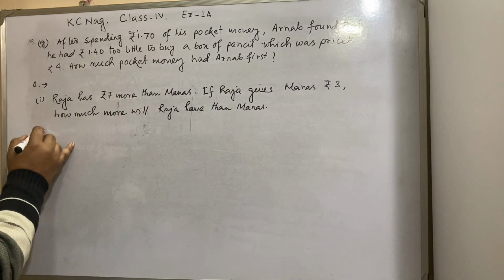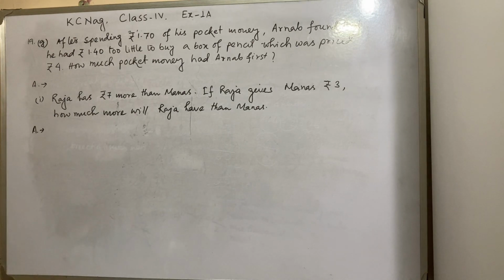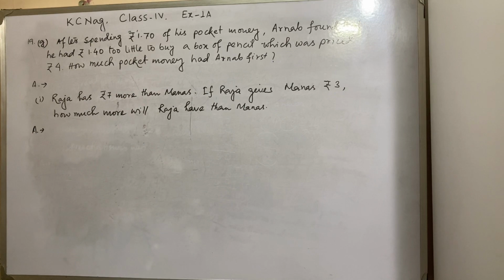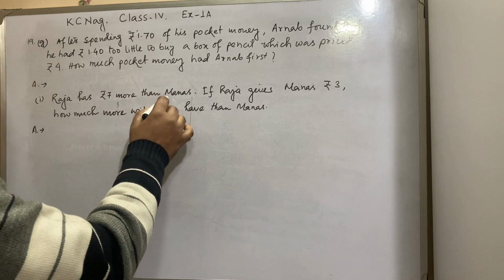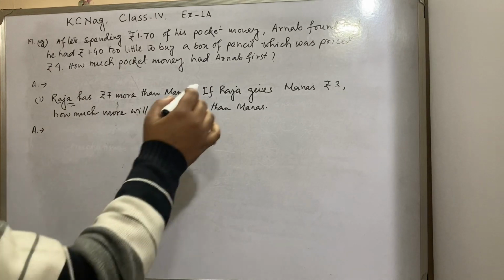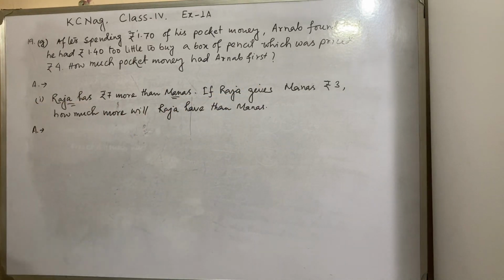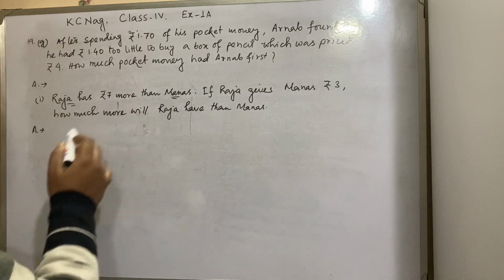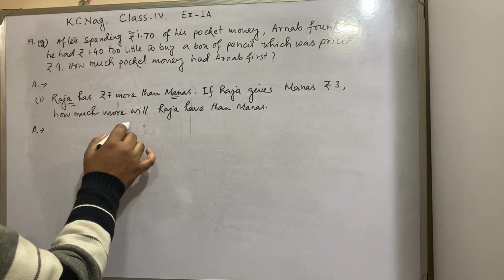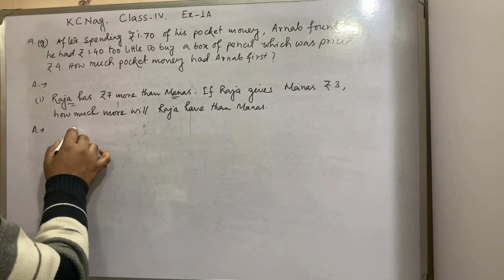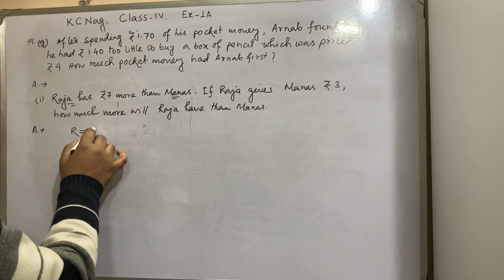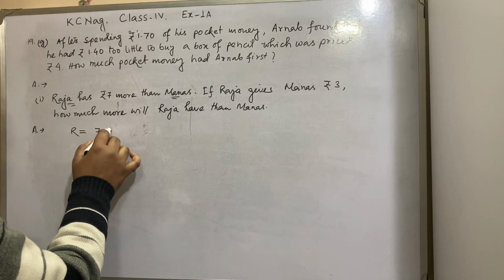So the answer is very interesting and very twisting. You see, Raja has ₹7 more than Manas. Whatever Manas has, Raja has 7 more. If Raja gives Manas ₹3, how much more will Raja have than Manas? So Raja has is equal to 7 plus Manas.